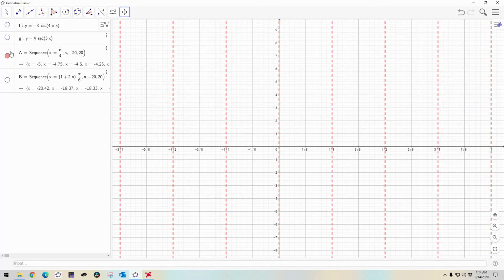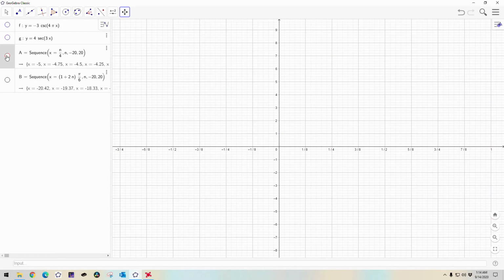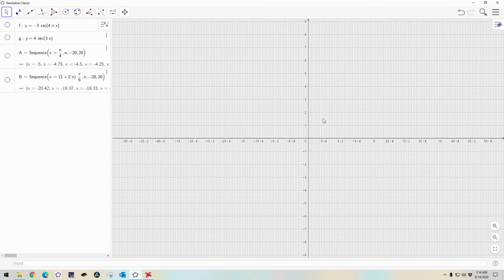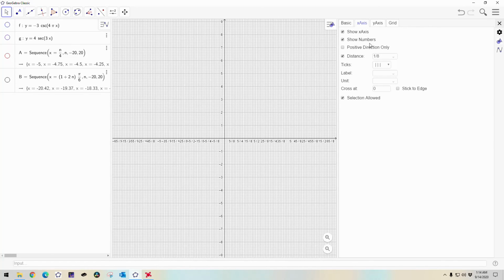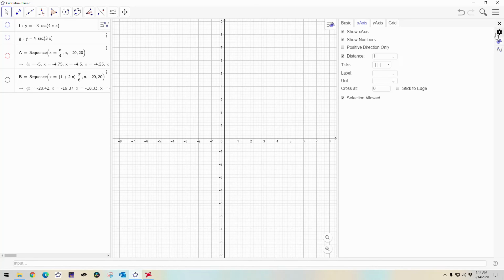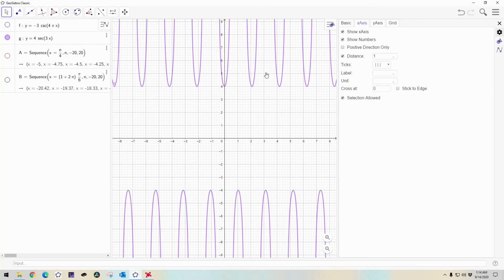Okay, next, let's turn this thing back into a standard graph here. And let's get our graphics back to the way it looked before. And then when I turn on the 4 secant 3x, you'll notice these aren't quite as badly spaced.